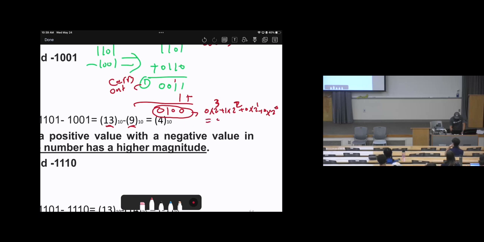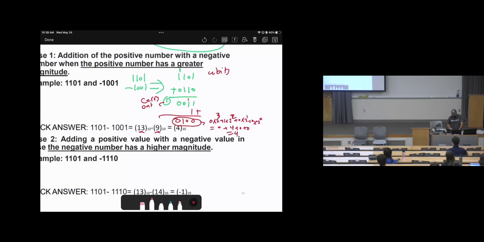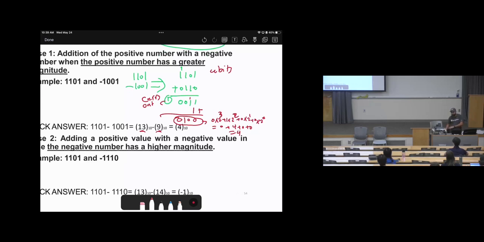Then the answer will be 0 plus 4 plus 0 plus 0, which is equal to 4. Then our answer is correct. That's how we check it. Most likely in the quiz, maybe you will see "validate your answer." The way you validate your answer is to convert both to decimal, make the subtraction, and convert the final answer that you got in binary to decimal, then you will say they are both correct. Okay, because you will see it in the quiz.